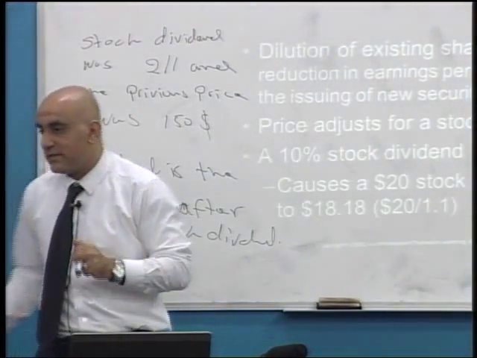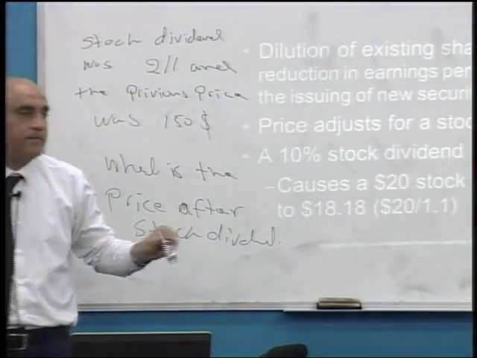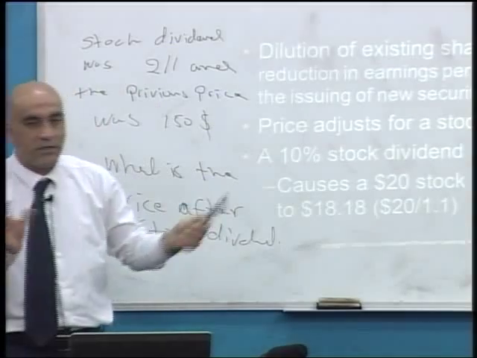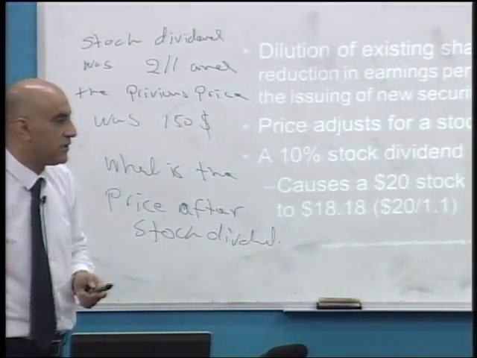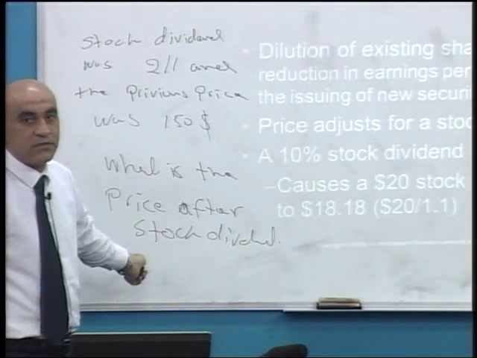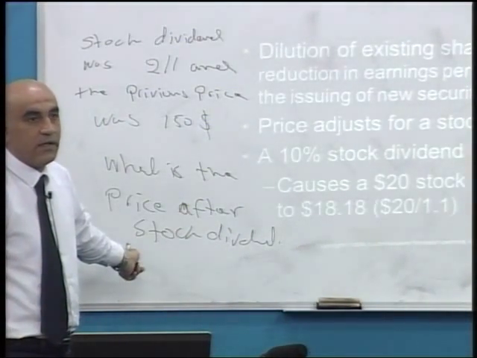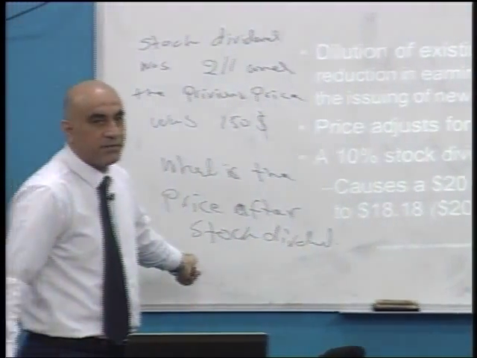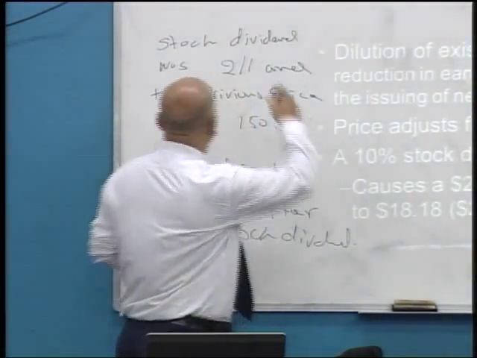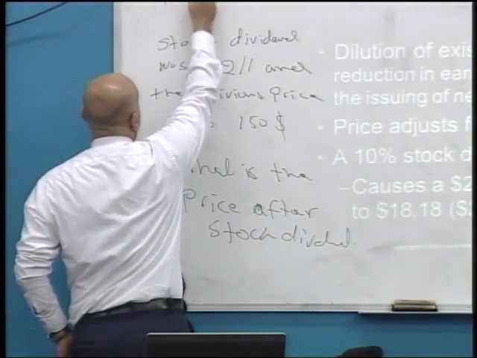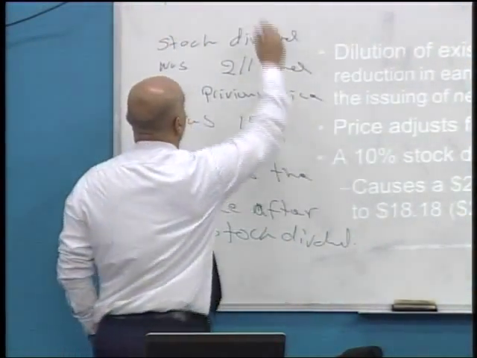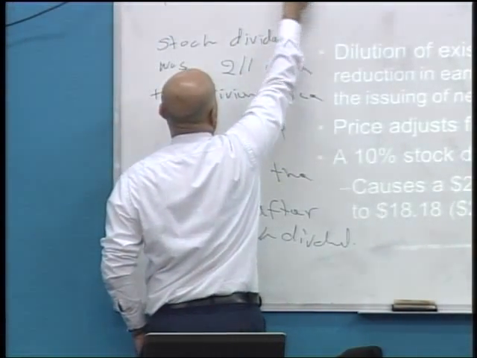Be careful in this example. I gave you 2, not 10%, which has a different calculation. How do we do the calculation for this one? It's very simple. Just multiply the 150 times 1 divided by 2, which is $75.